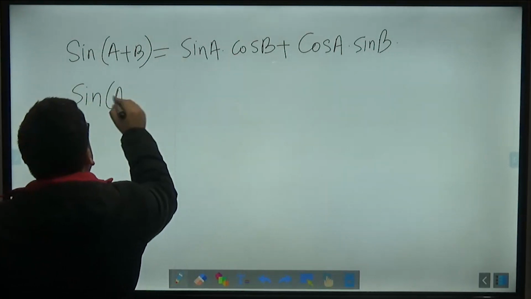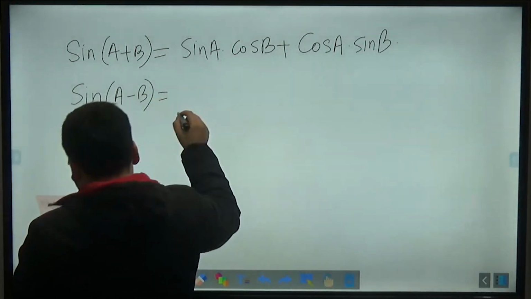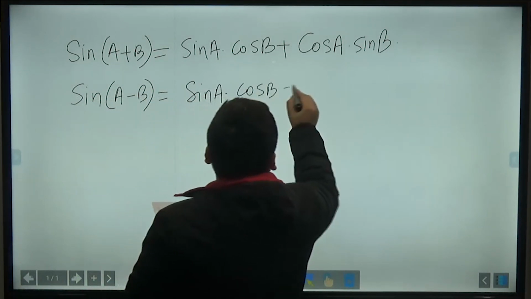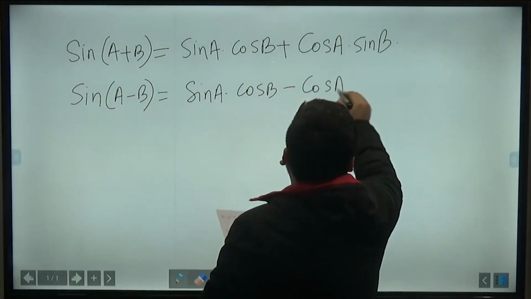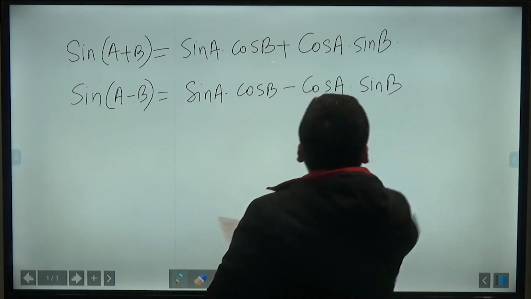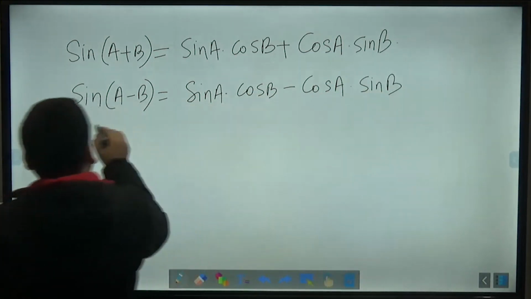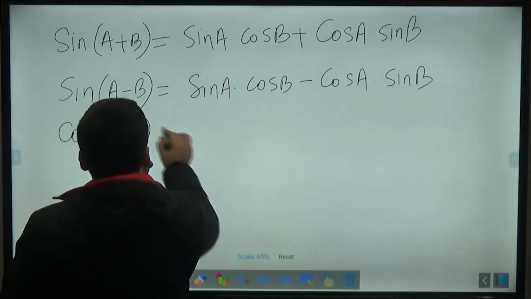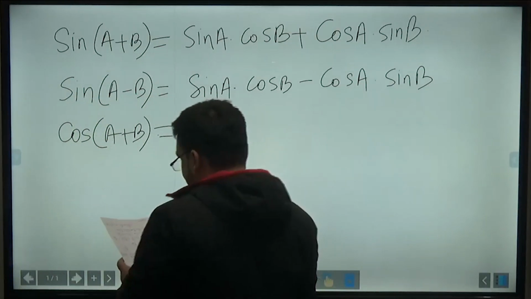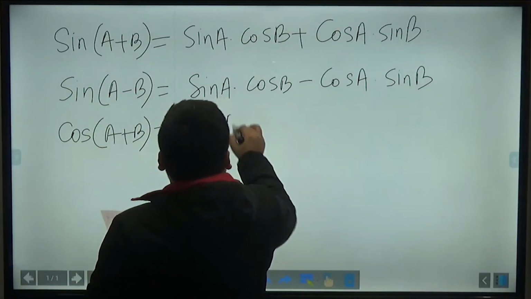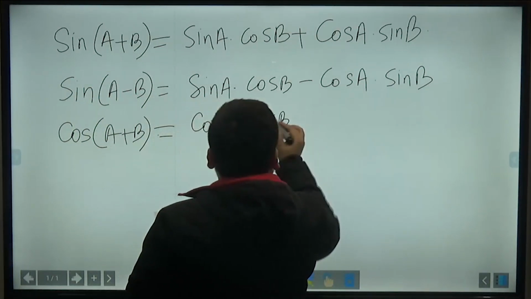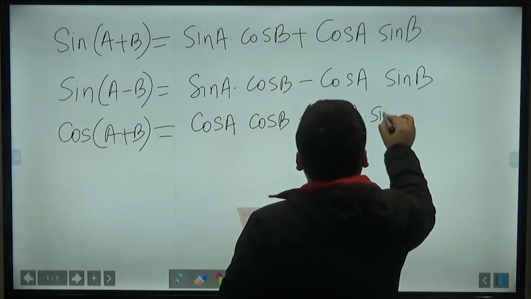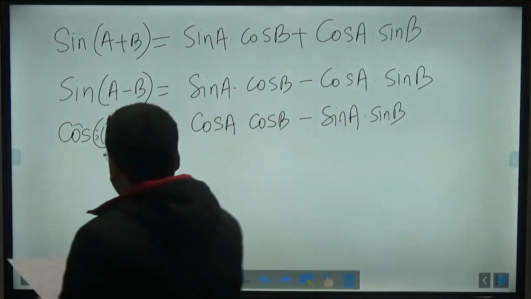After that, I told you that if it is sine of a minus b, it will be sine of a cos of b minus cos of a into sine of b. This was the second formula which I told you will be useful. The third formula was cos of a plus b, which will be equal to cos of a cos of b minus sine of a and sine of b.